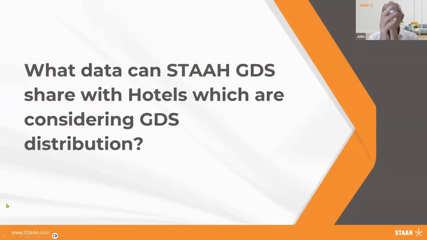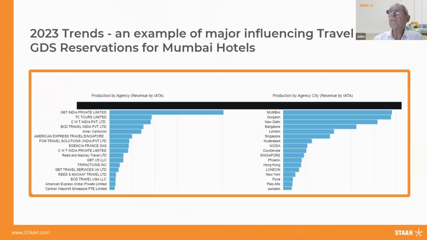So when we are talking with hotels and they're considering whether or not they should be on GDS, does GDS have merit? All of those questions they ask, we bring to the table a lot of data.